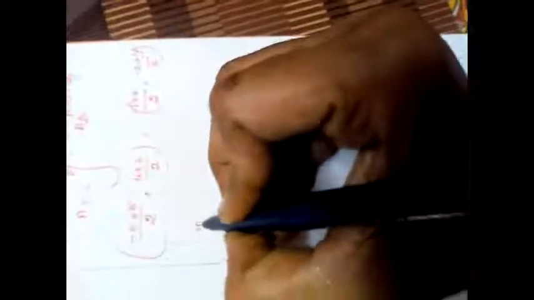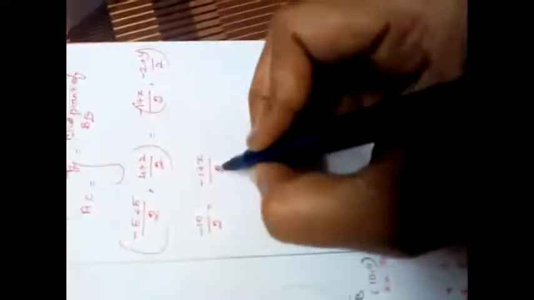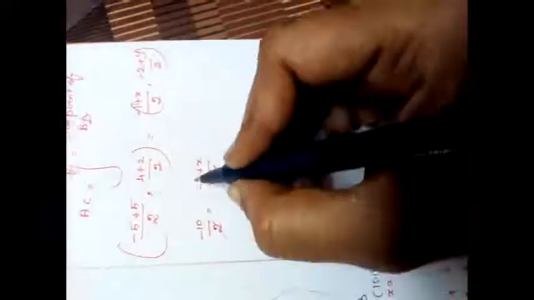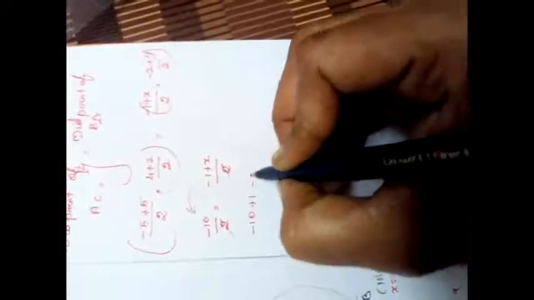Therefore, (minus 5 plus 5 minus 10) by 2 is equal to (minus 1 plus x) by 2. Okay, 2 cancel. Minus 1 goes to the opposite side as plus 1. So minus 10 plus 1 is equal to x. Therefore, x is equal to minus 9.